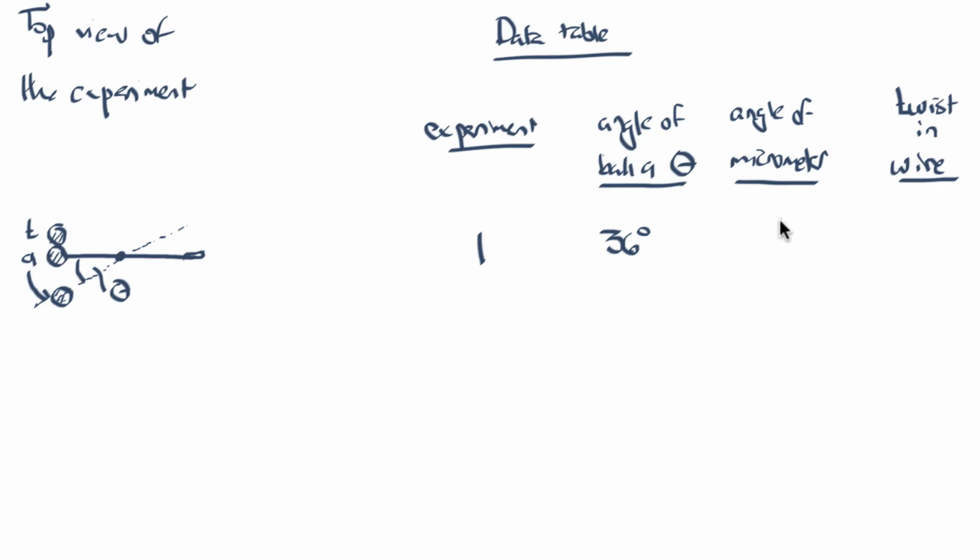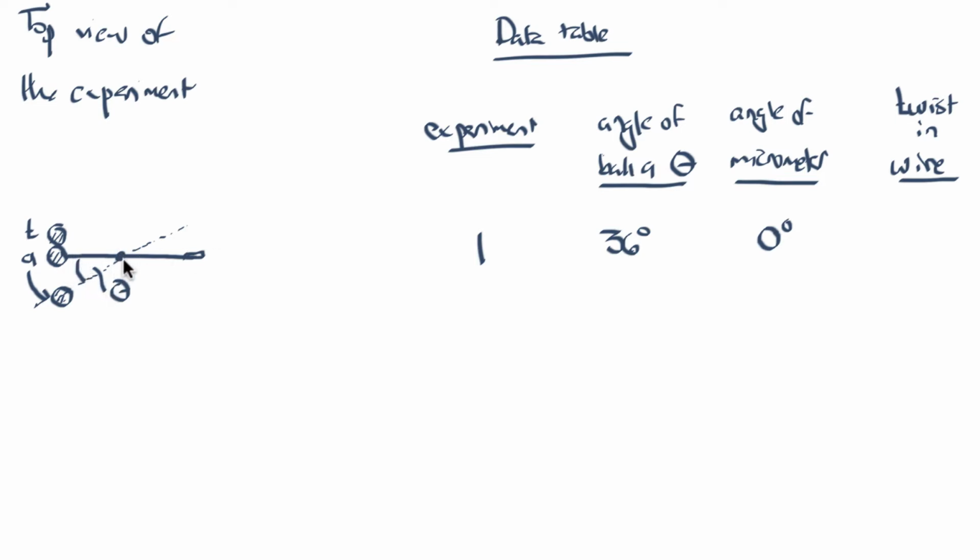The micrometer, he does not twist the micrometer at the top. Remember, that is the knob at the very top. So he doesn't move that at all. So I'll put 0 degrees here because the micrometer is still reading 0 degrees. That means how much twist is in the wire?